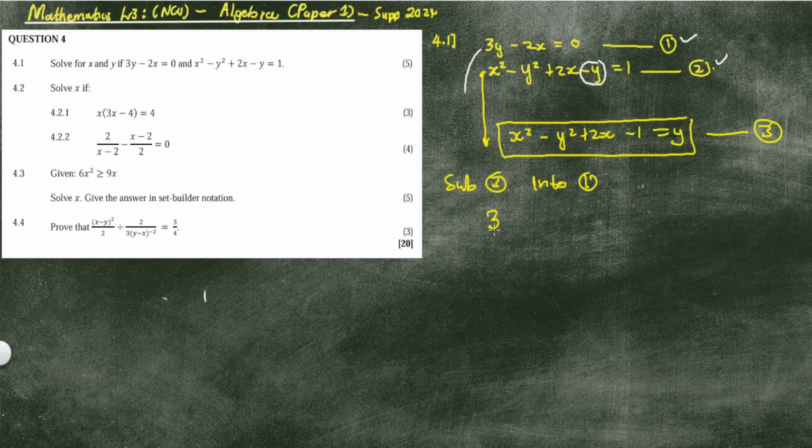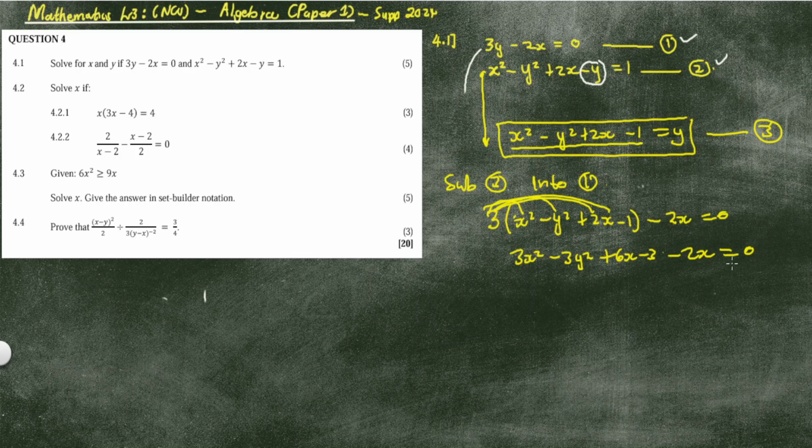So it's going to be 3y, open bracket, you substitute this entire thing, x squared minus y squared plus 2x minus 1, minus 2x equal to 0. We multiply, and we have 3x squared minus 3y squared plus 6x minus 3 minus 3 minus 2x equal to 0.